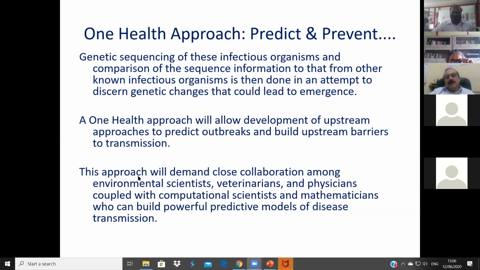And this approach will demand close collaboration among environmental scientists, veterinarians, physicians, coupled with computational scientists, mathematicians who can build powerful predictive models of disease transmission. Now, for some time, we have been talking about these models, and I know that among this group we have computational scientists.